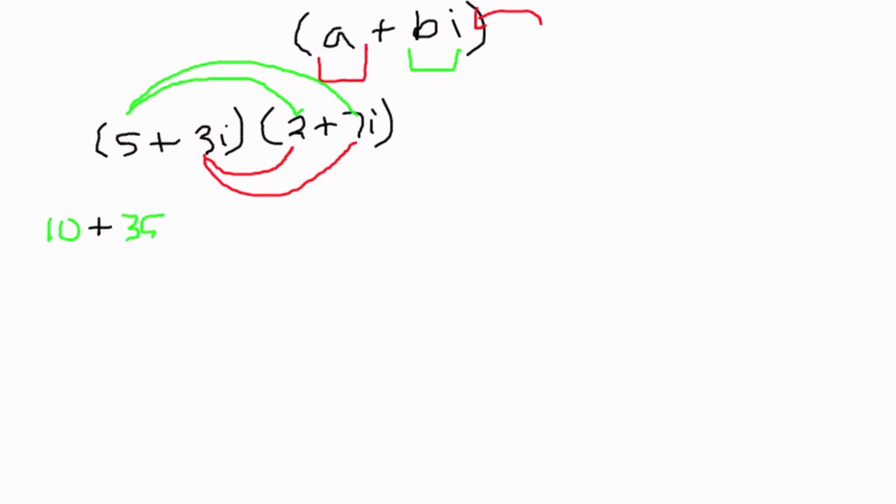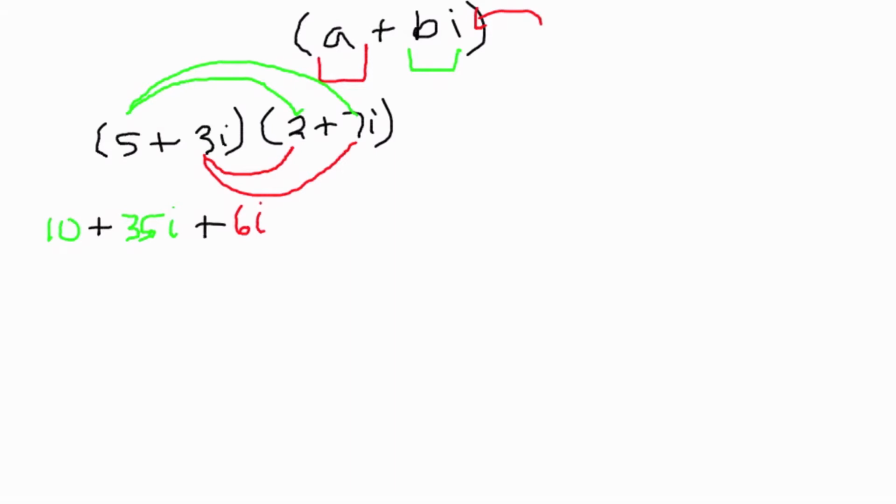Now since the 7 had an i, we're going to carry over the i. So now we move on to the 3i times 2. Again, we multiply the numbers. 3 times 2 gives us a value of positive 6. The 3 had an i, so we carry over the i.